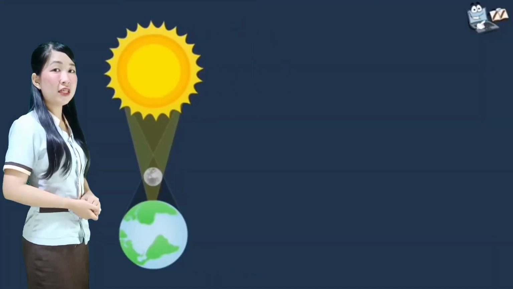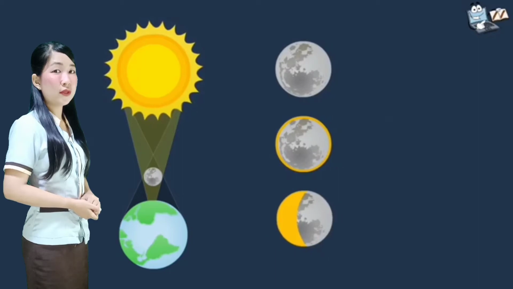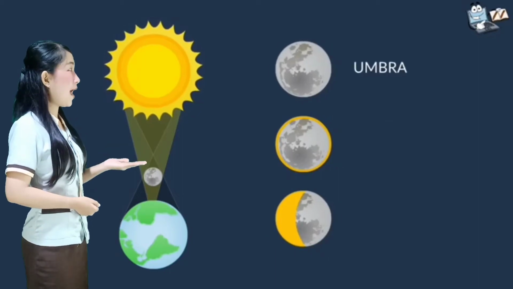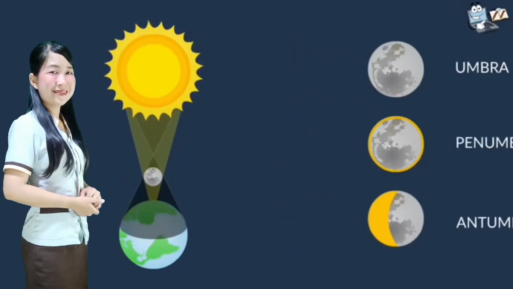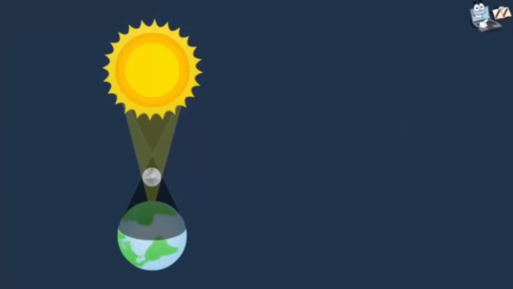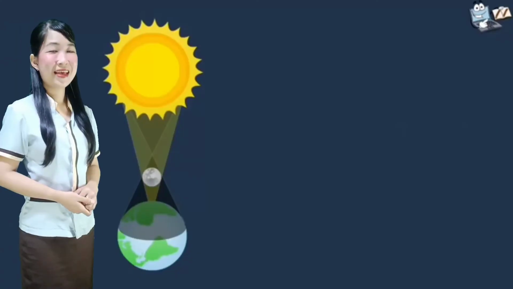The shadow created on our earth by the moon at the time of solar eclipse is broken down into three parts. Those are umbra, antumbra, and penumbra. So what do you think is umbra?